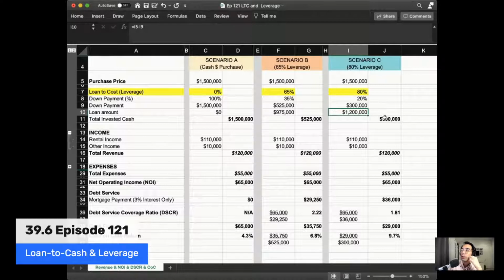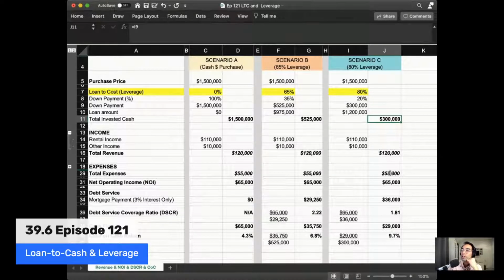Now, your total cash outlay here is only $300,000 as opposed to $525,000 in the previous example and $1.5 million in the initial example. So that $300,000 down payment is a lot less, and you're still buying the same exact property. All of the appreciation of the property, you're still going to be able to capture, but you only needed to put in 1/5 as much cash.